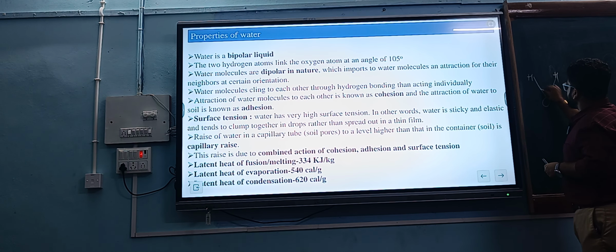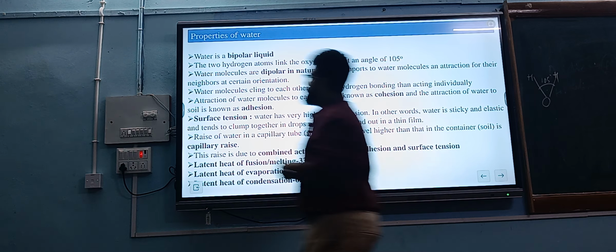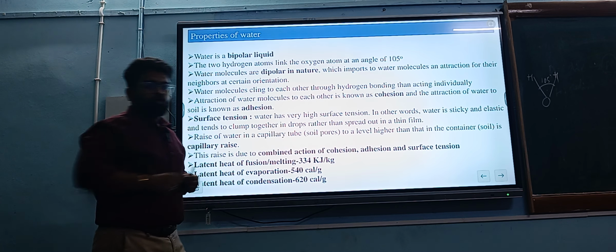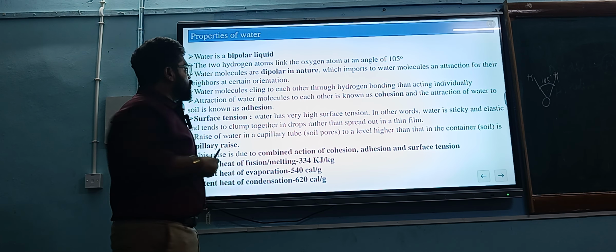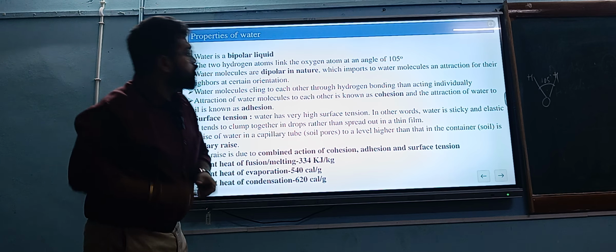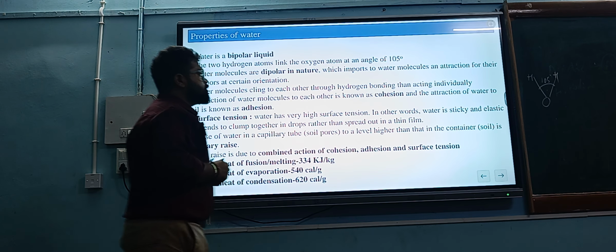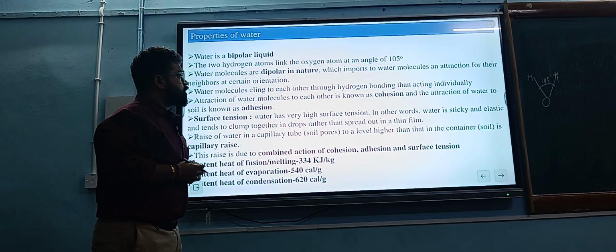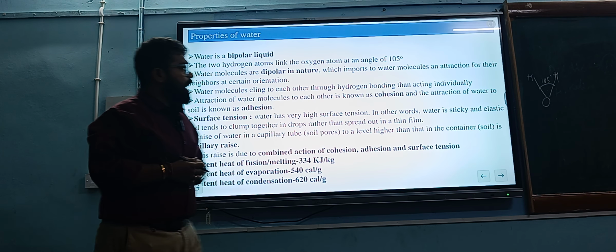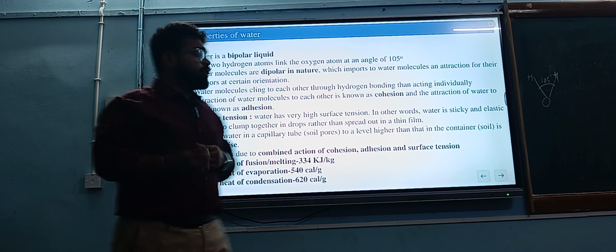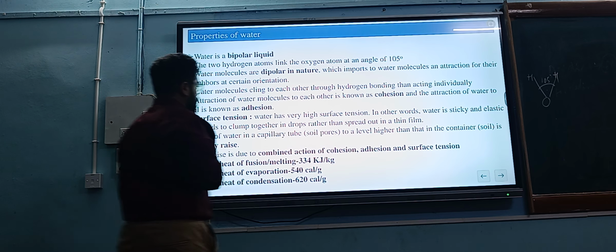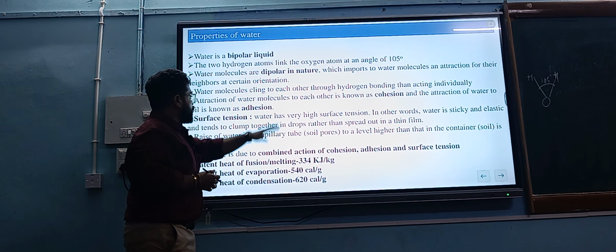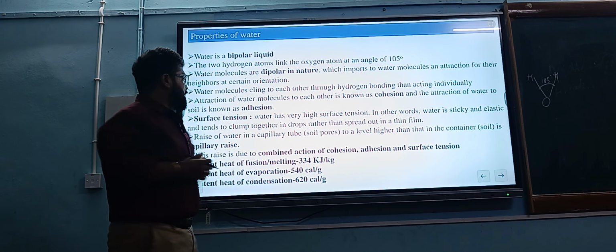The water molecules are dipolar in nature, that is, two polar, which imparts to water molecules an attraction for their neighbors. Water molecules cling to each other through hydrogen bonding, and that force is cohesion force, and the attraction of water with that of soil we call adhesion.